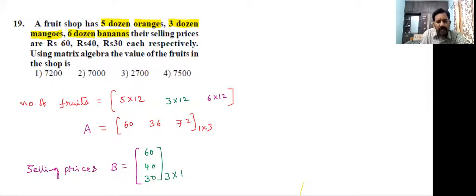Here, what we need to find, after selling all the fruits, is the value of the fruits in the shop. Value means total cost, which is a single element. That's why I have taken the A matrix of order 1 by 3 and the B matrix of order 3 by 1.